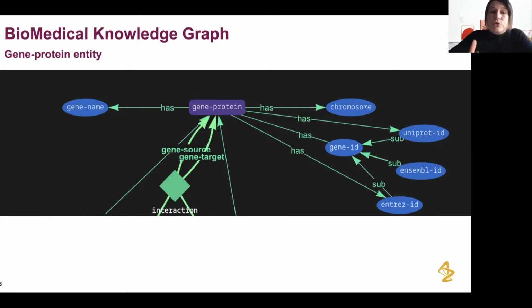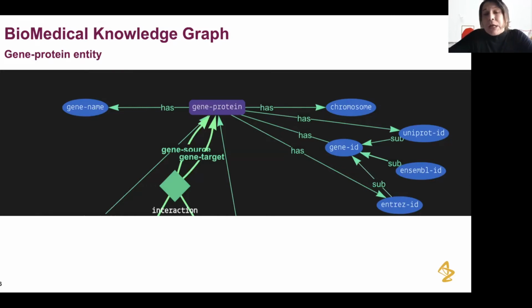First of all, the gene protein entity is the simplest one, to be honest, in our biomedical domain, because it's relatively well annotated, and you don't have too many ontologies to work with and too many data sources to integrate.